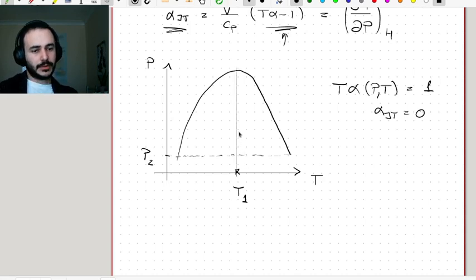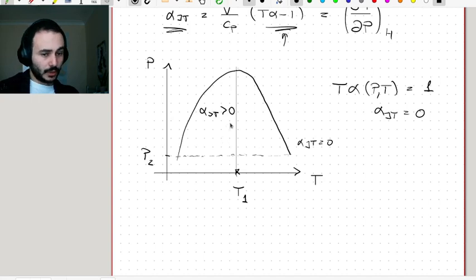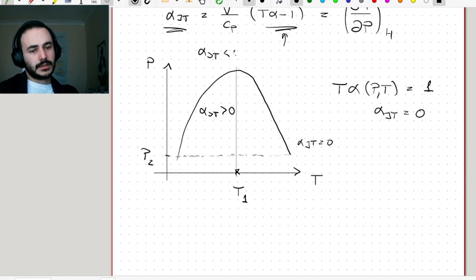So you can pump it up anywhere you like. But the thing is, this line here is the line where alpha JT equals 0. Under the line, alpha JT is larger than 0, which is what you want. And above the line, alpha JT is smaller than 0. So you can take your gas, put it in the pipe, and increase the pressure to any level.